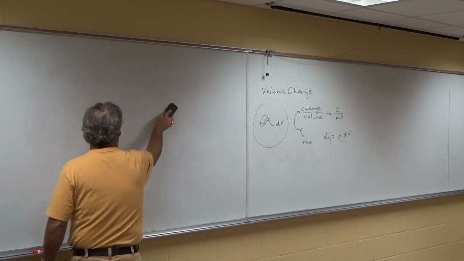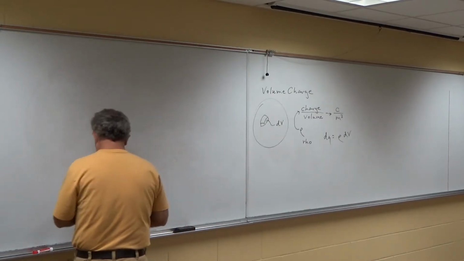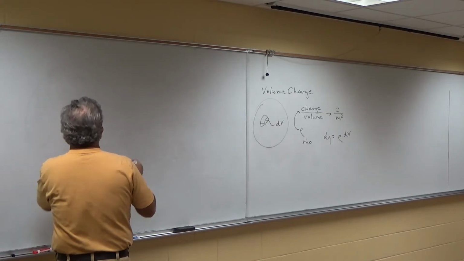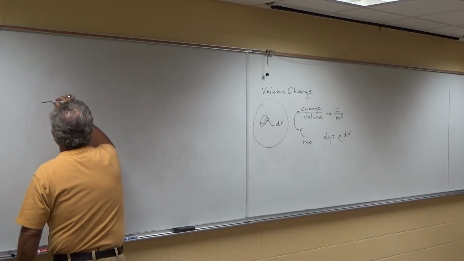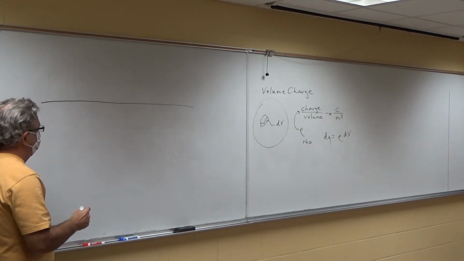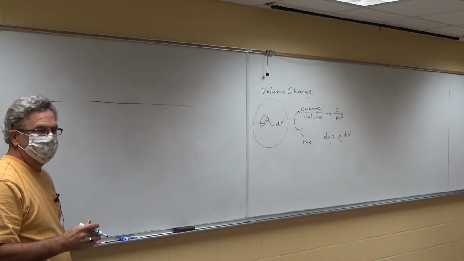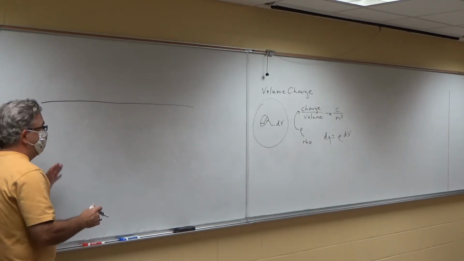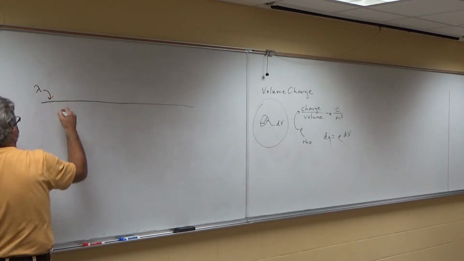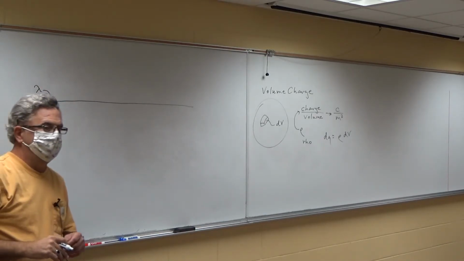Let's look at a line of charge, and we'll see how to calculate all this stuff. Here's the setup. Here's a straight line of charge. Charge is evenly distributed along this line, and it has some charge per unit length lambda.